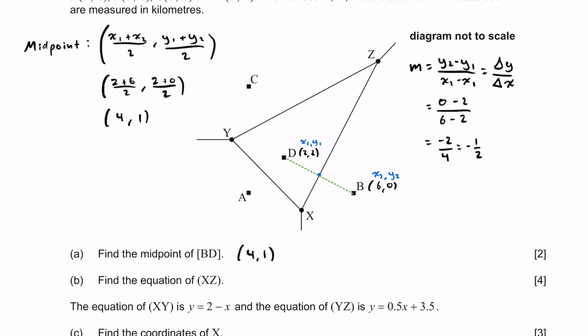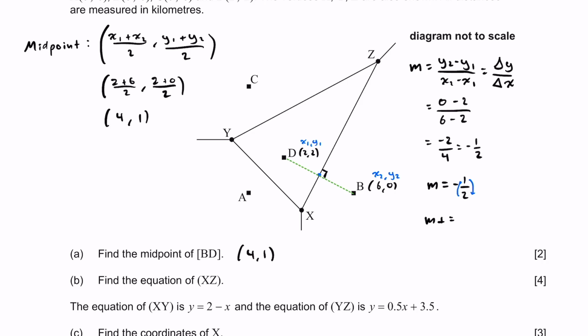Being that this is a perpendicular bisector, we know the slope of XZ will itself be perpendicular. So if m is negative 1/2, what is m perp? Remember our procedure for finding a perpendicular slope: switch the top and the bottom and multiply by a negative.